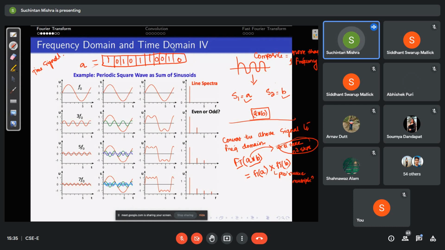Now this time domain signal is nothing but an array of bits. Now this array of bits will be multiplied with another array of bits, which is B. This will be multiplied with this, and this will again be multiplied with this.